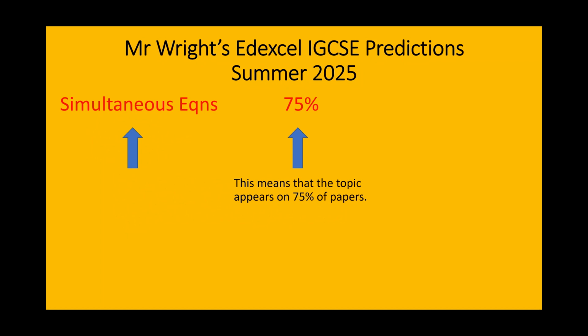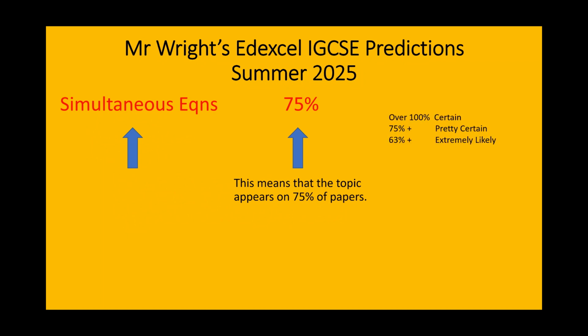So, if you're preparing for your mocks or for your real exams, you know that simultaneous equations is more than likely to appear on paper 1. And indeed, given that it's got a percentage of more than 50%, it could well appear on both of the papers which you're preparing for.